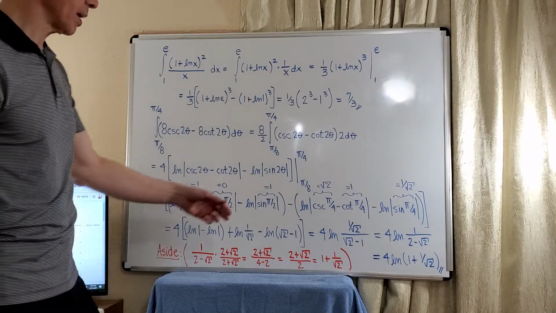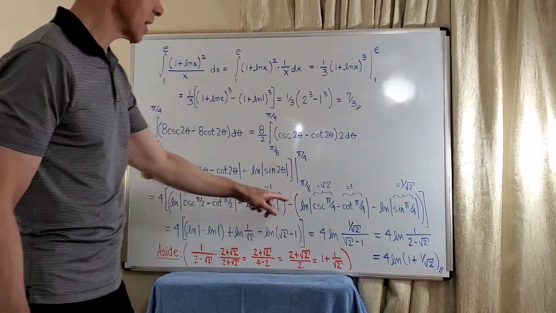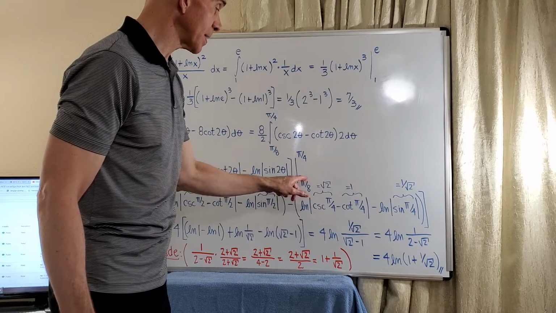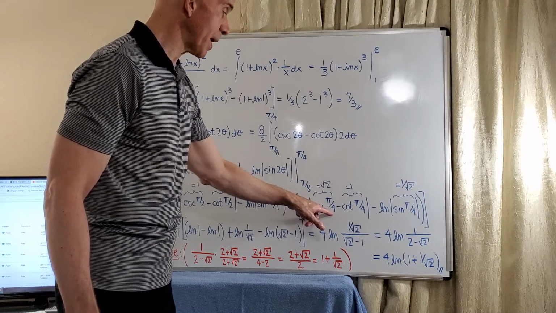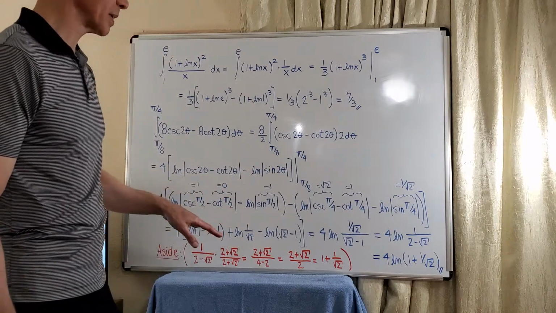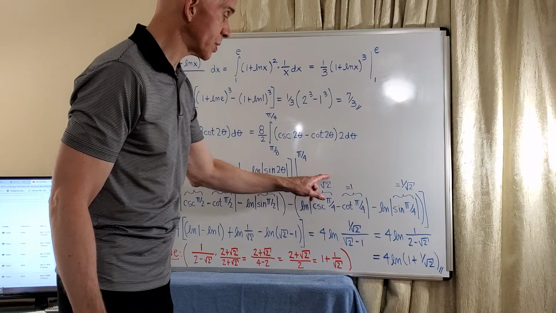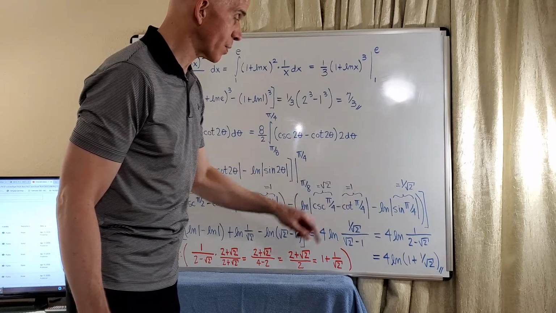So let's go ahead and look at the lower limit, pi over 8. So we have minus, so we have natural log, hit everything with a 2, so we have cosecant of pi over 4 minus cotangent of pi over 4 inside the argument of the log. And of course, just to remind you, the cosecant of pi over 4 is root 2, and the cotangent of pi over 4 is 1.